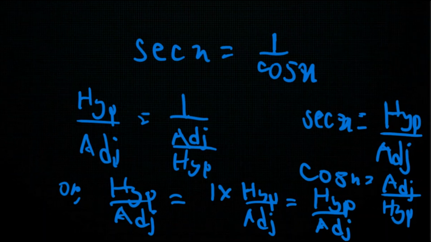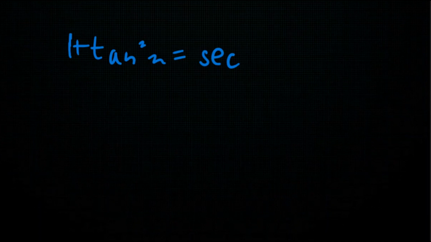Alright, now let's do this identity, which is 1 plus tan squared x equals secant squared x.